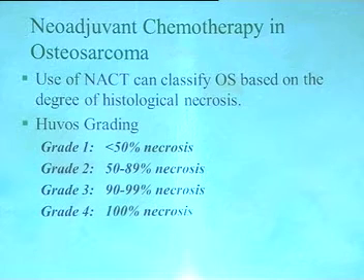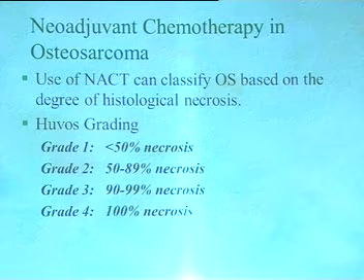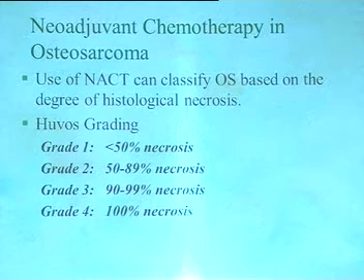So the classification of necrosis is well known because we have a lot of pathologists here, and more than 90% necrosis is considered good. I would like to share here that our own experience is that more than 90% necrosis in osteosarcoma is observed in our cohort in only one-third of the patients, unlike two-thirds in the West.